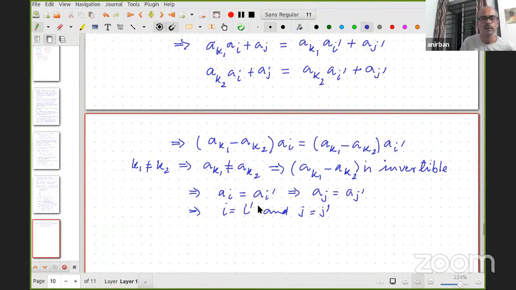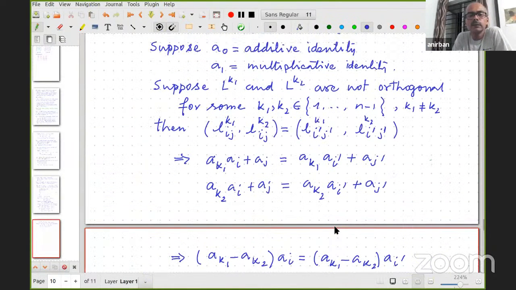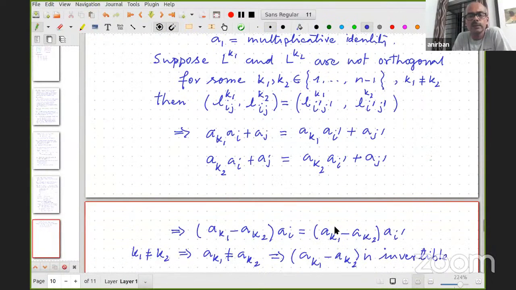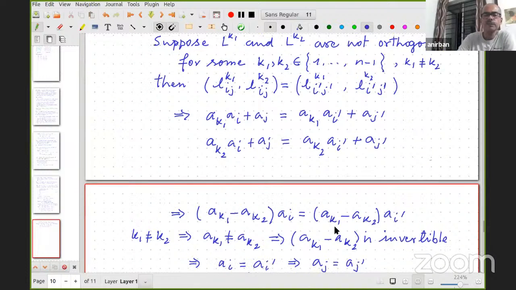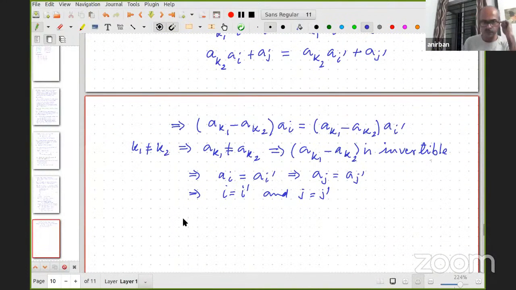They are not different. So they are mutually orthogonal.